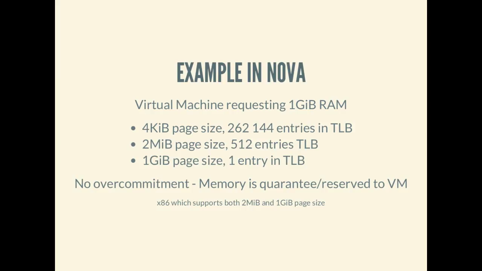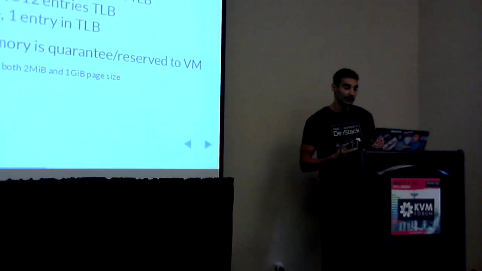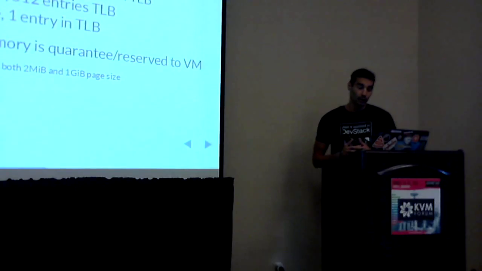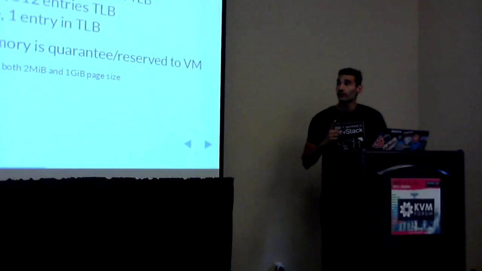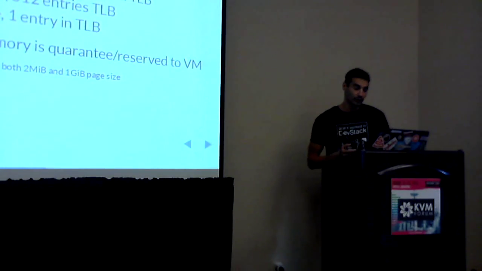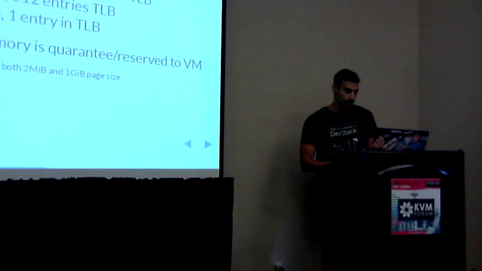If we take an example with a virtual machine that requires 1 gig of RAM, it's easy to illustrate. Using the largest page size available on the system will consume only one entry in the TLB, while keeping the default and smallest page size will consume more than 200,000 entries in the TLB.